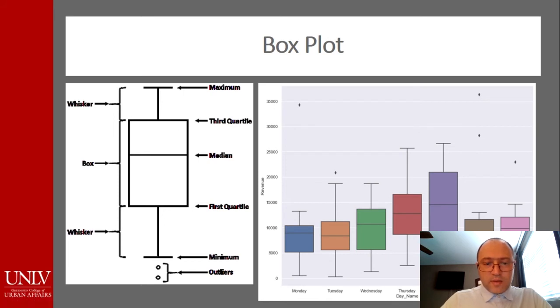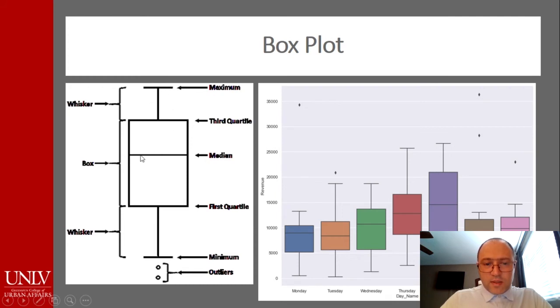Each side of the box displays the quartiles. We have 4 quartiles here. The first quartile finishes here. We have a second quartile between the bottom of the box and the median, and from the median to the top side of the box is the third quartile, and the top whisker is the fourth quartile.